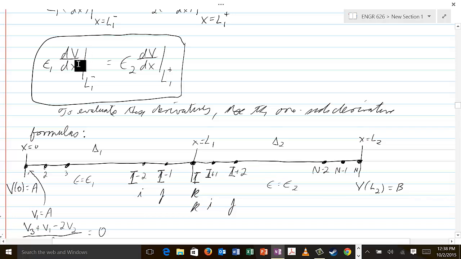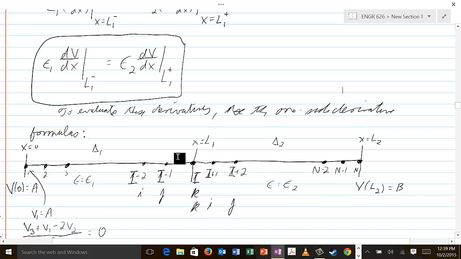When we calculate dv dx just to the left of L1, we only want to involve nodes that are to the left. So for this dv dx at L1 minus, we don't want to take the value at i plus 1 minus the value at i minus 1 divided by 2 delta, because for this derivative just to the left, we don't want to use any values from the right. And likewise for this derivative just to the right, we don't want to use any nodal values from the left.